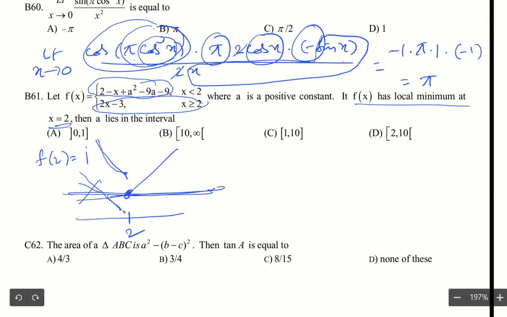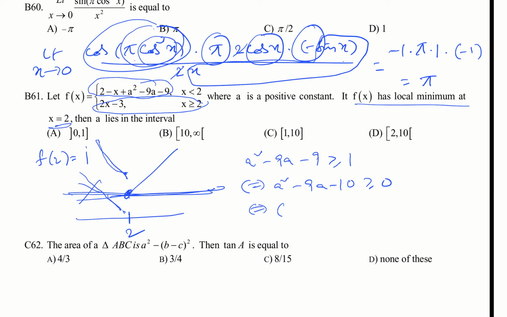You can see that if I take the left limit at 2, I'll have it as a square minus 9a minus 9. I want this to be more than or equal to 1. So this is if and only if a square minus 9a minus 10 is greater than or equal to 0. So this is nothing but (a minus 10)(a plus 1) greater than or equal to 0.